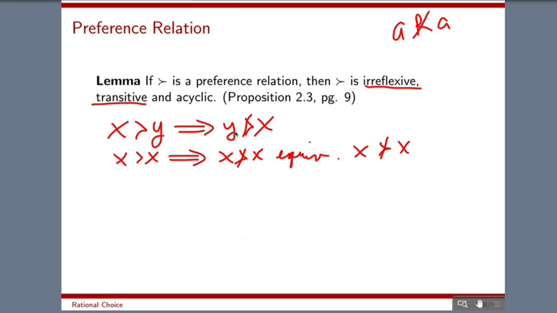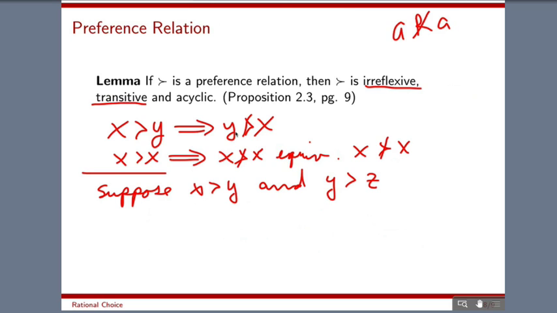So to see why the preference relation is transitive, suppose that x is strictly preferred to y and y is strictly preferred to z.